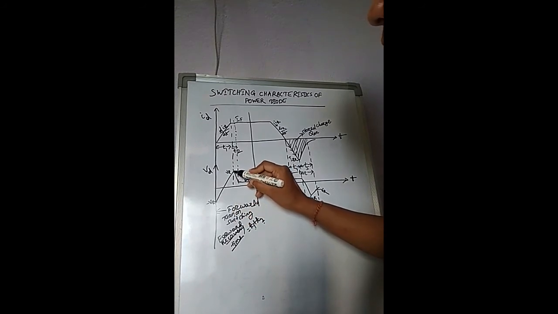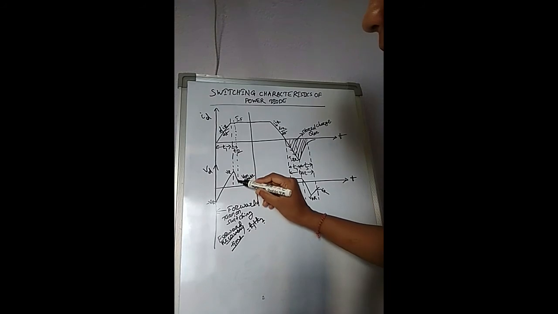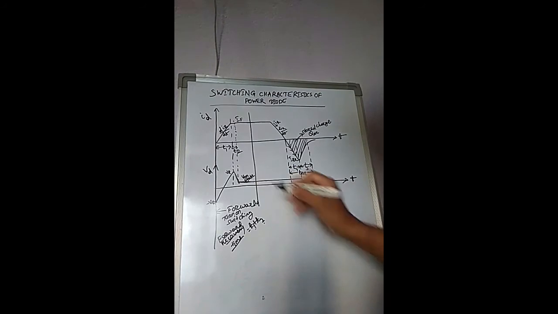It will overshoot up to the peak level, represented by Vp. And after rising up to the peak level, the voltage starts decaying. Now the voltage is in a negative slope, gradually decaying, and after decaying during the time T2, it will remain in a constant state. This voltage is known as V on state.